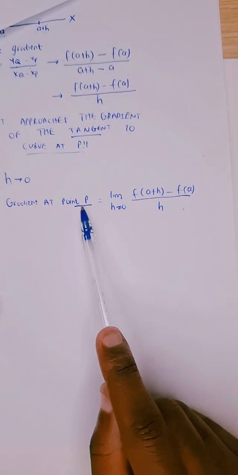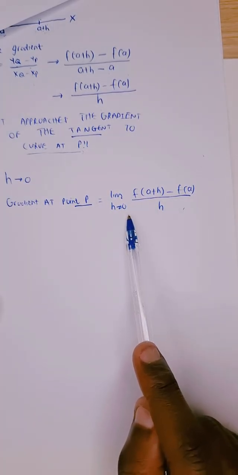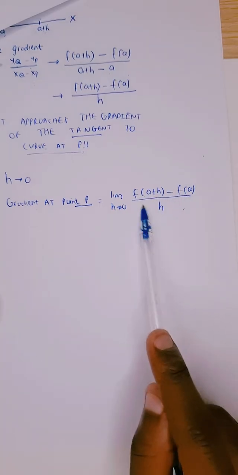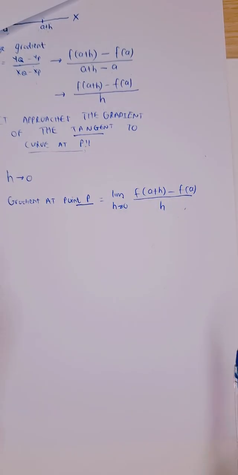That's how we calculate the gradient at a point. The average gradient as h approaches or tends towards 0. We can use that formula.